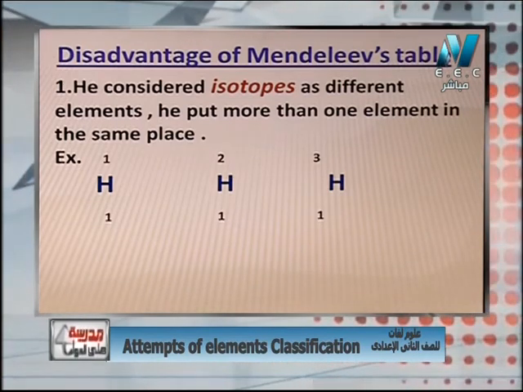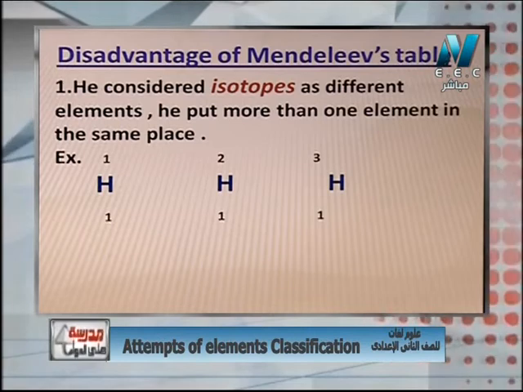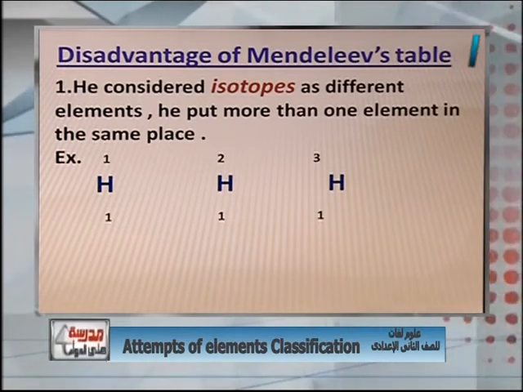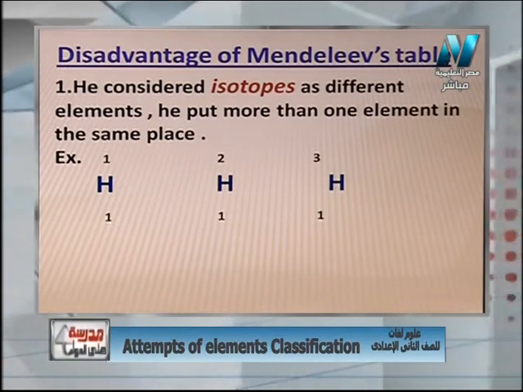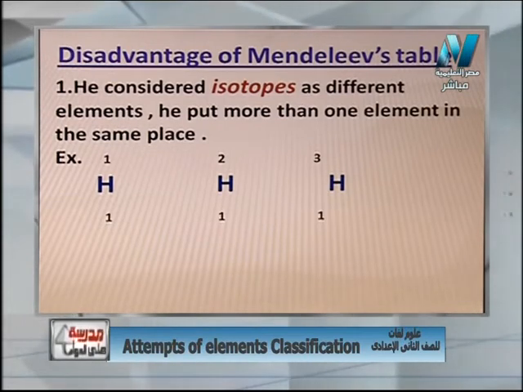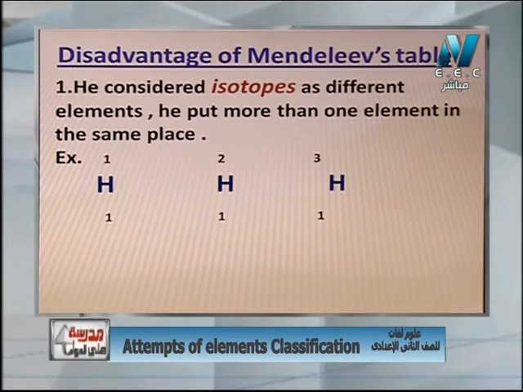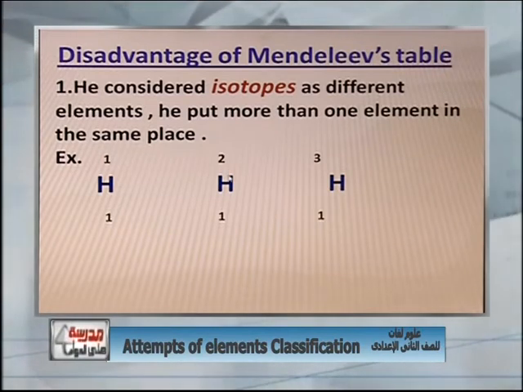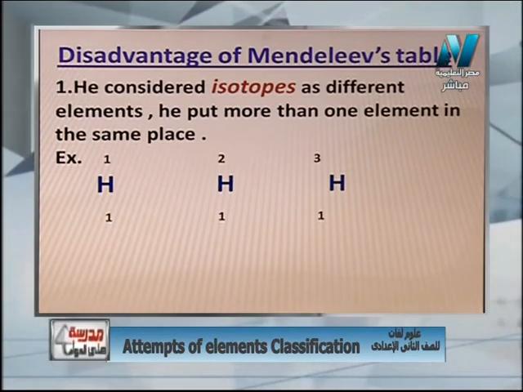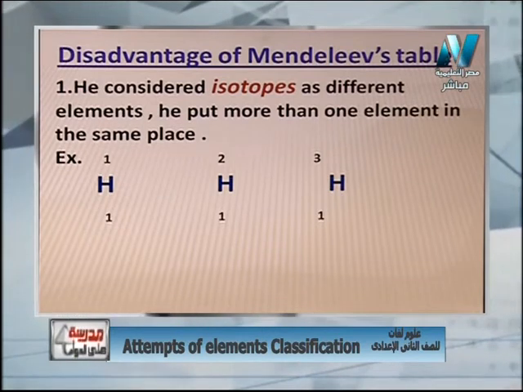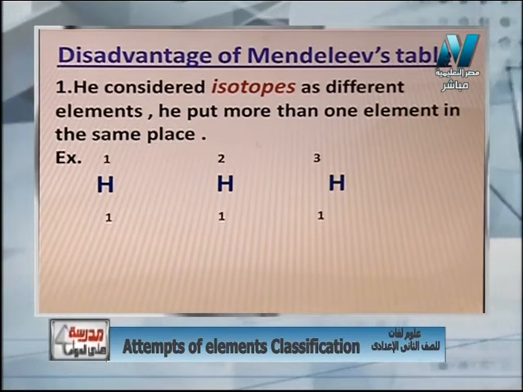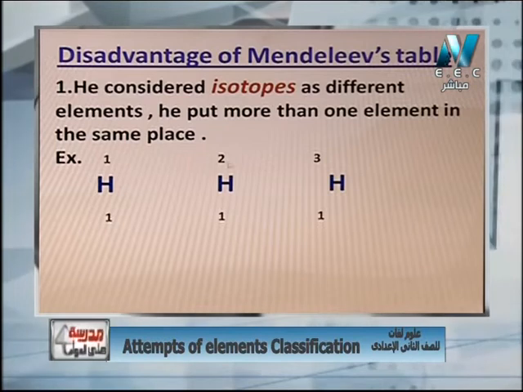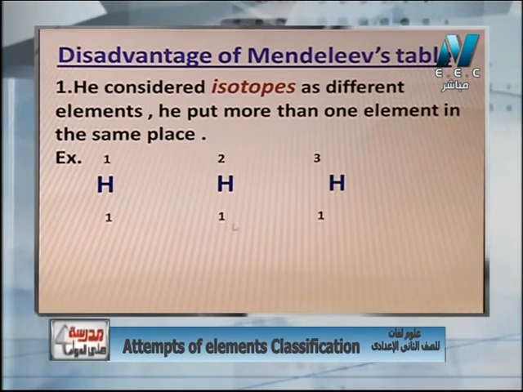First, what is meant by isotopes? To understand it, we have hydrogen. All of these examples are hydrogen. Number one has atomic number 1 and mass number 1. The other has mass number 2 and atomic number 1.